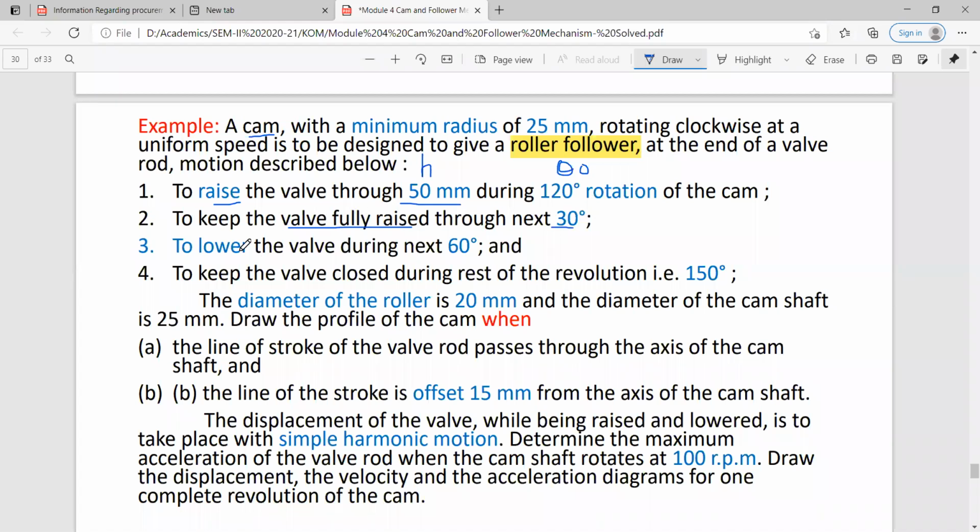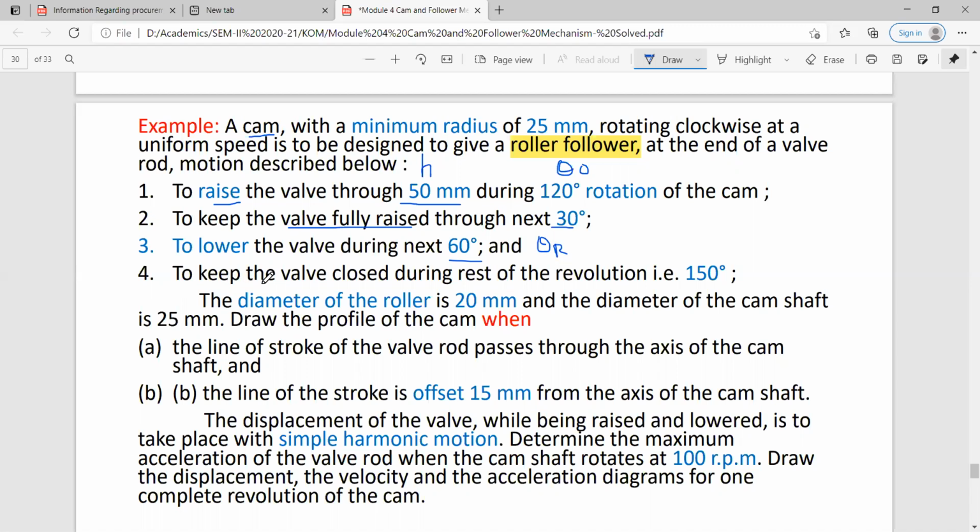Next is to lower the valve during the next 60 degrees, meaning during these 60 degrees the follower will lower down. So this 60 degrees is nothing but your angle of return. We denote it with the symbol theta r, angle of return.